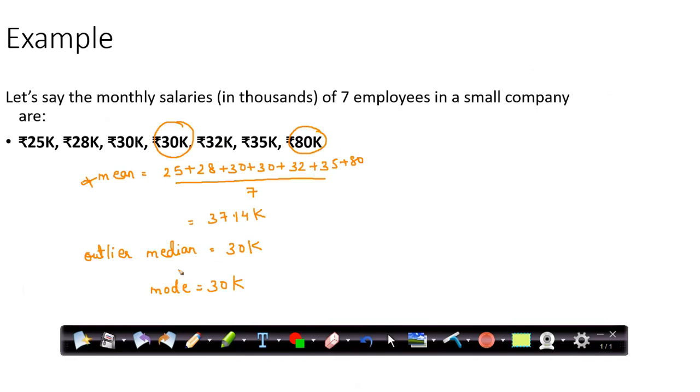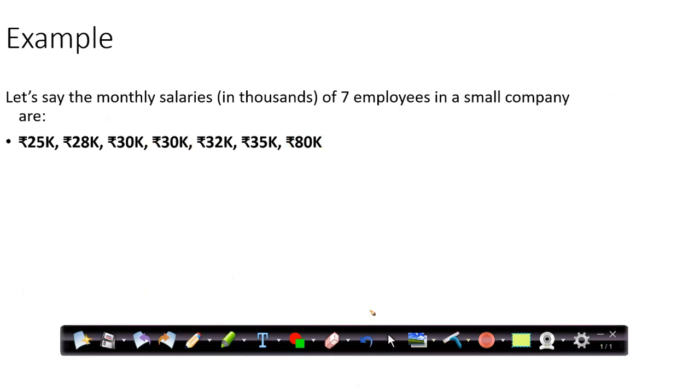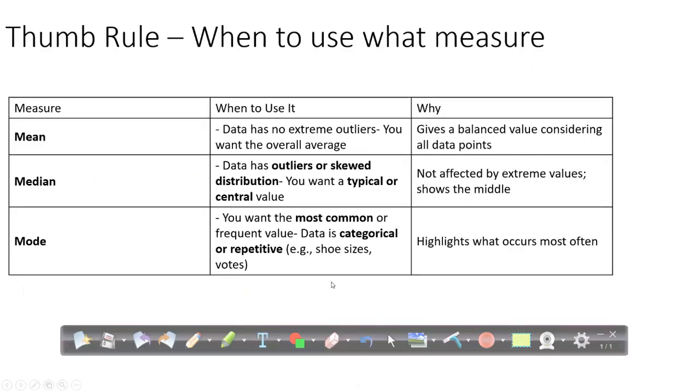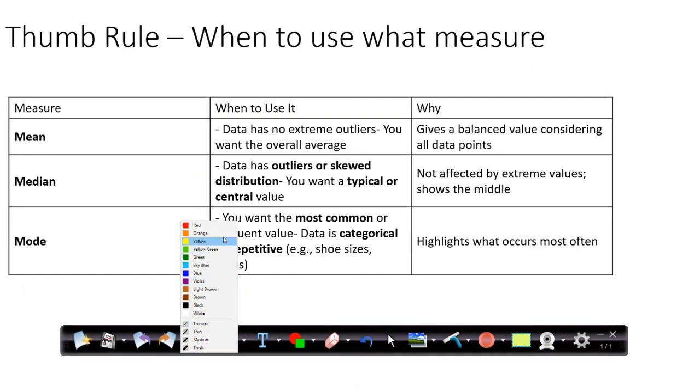So let me just summarize this descriptive statistics, more of central tendency for you and understand when to use what. When your data is balanced, or it does not have any outliers, then you could go for mean. So no outliers and your data looks pretty much balanced, then you go for mean. If your data is skewed, that means you have outliers.